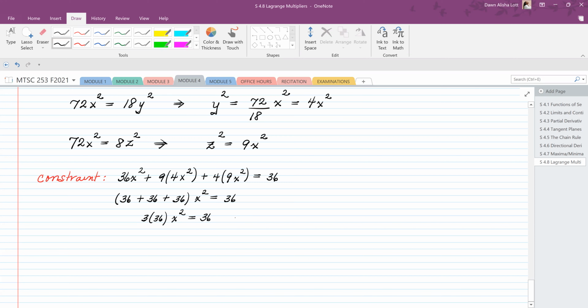So therefore, I get x squared is 1/3. So x is equal to positive or negative 1/√3. Good. Yay, we got an x.